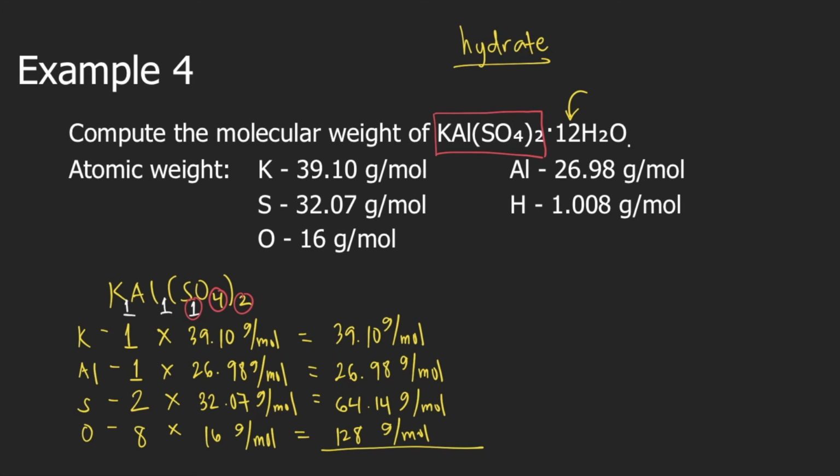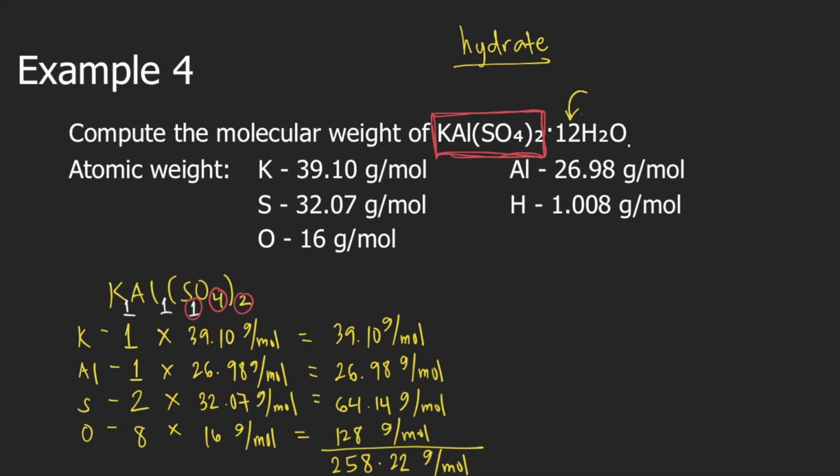If you add everything, 39.10 plus 26.98 plus 64.14 plus 128, this is equal to 258.22 grams per mole. So that is the molecular weight of this portion of the compound.